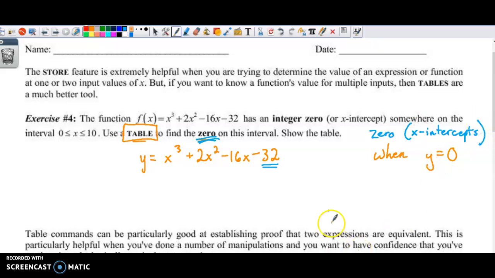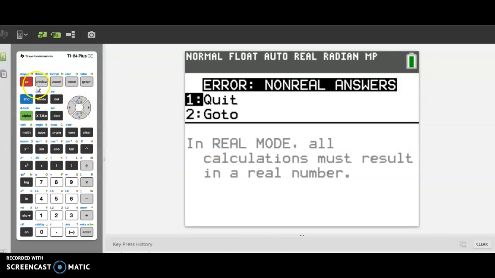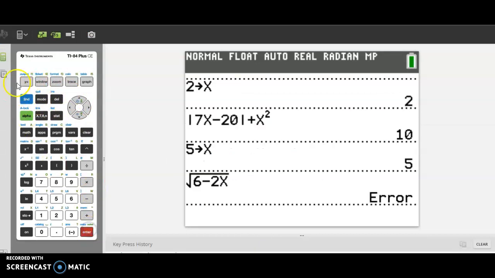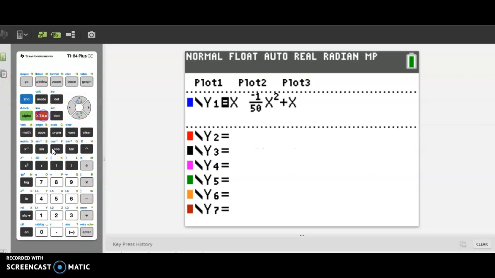There we go. So let's go to the calculator. Y equals, well, I guess I have to quit out of that. X cubed. Messing up already. X cubed. And then you have to hit the arrow over to get out of that.